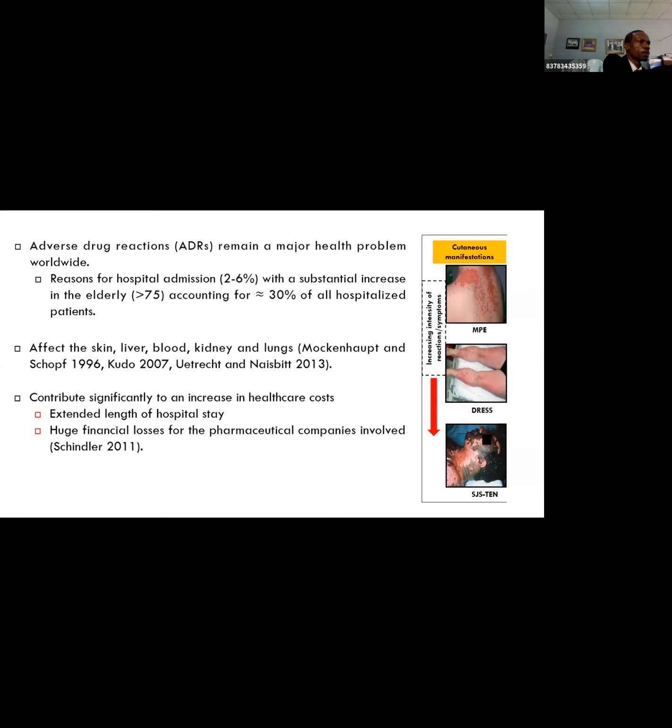And of course, that leads to an increase in the amount of money the individual has to spend. Then you have financial losses for the pharmaceutical companies involved in situations where the agent has to be withdrawn from circulation completely. All the money that has gone into investment, into drug development, they lose that, and that runs into millions and millions of dollars.